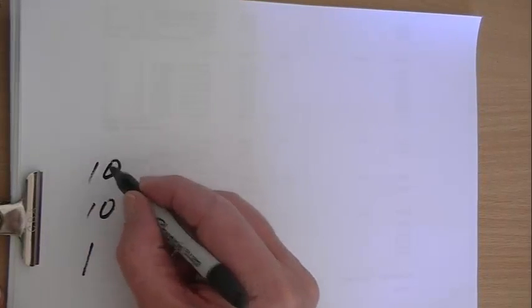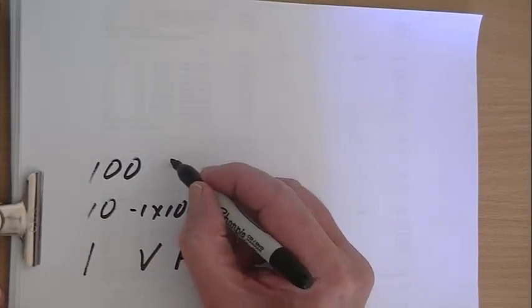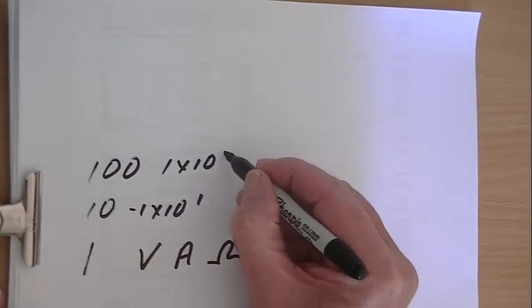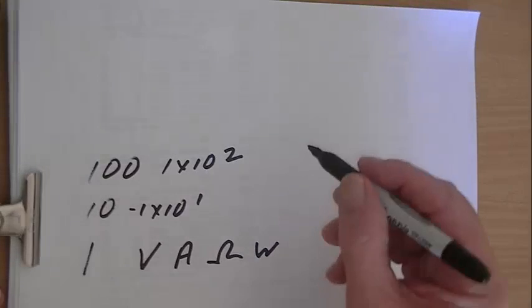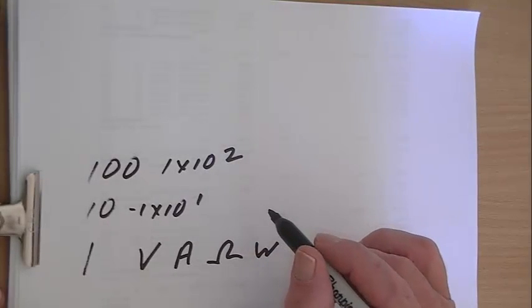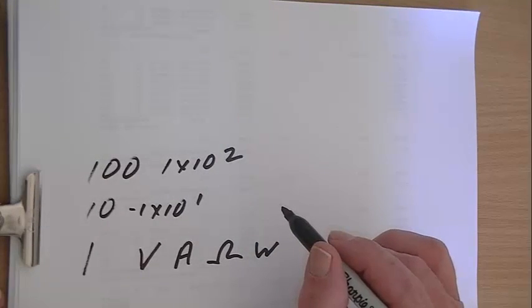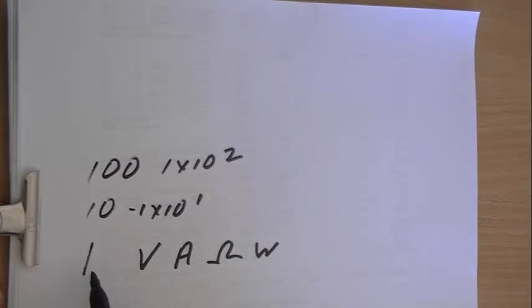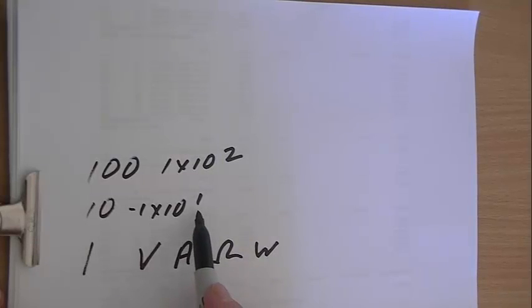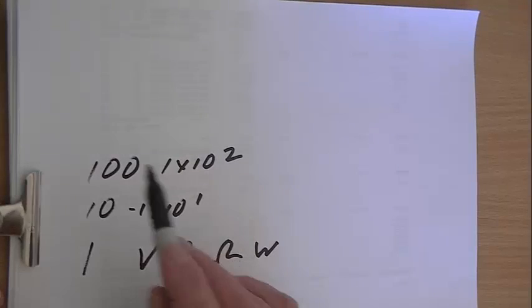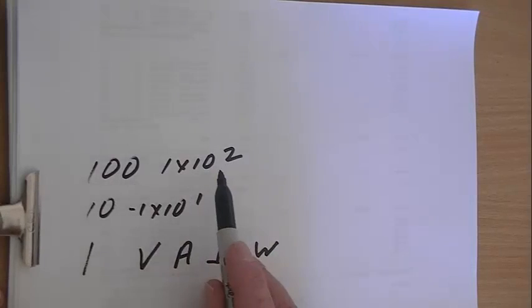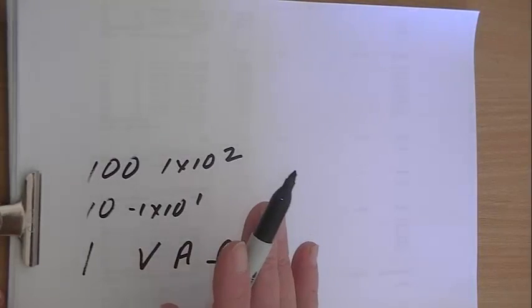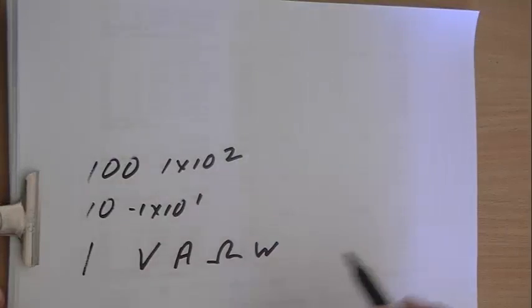The next one up is 100, which is 1 times 10 to the second power. Again, we very rarely use powers of 100. So just be aware that 10 is 10 times 1, 10 to the power of 1. 100 is 10 to the power of 2. Simple enough now, but it will get a little bit more confusing later on.